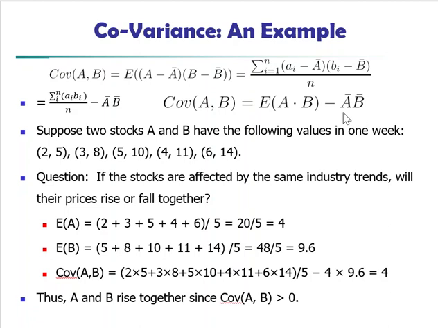This again is a dot product, right? So we did the dot product, then take the average of the dot product and then minus the product of those two values. We got 4. So it's positive. We know those A and B rise together, but we don't really know how strong that is.